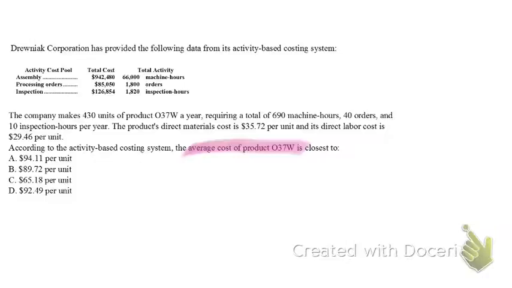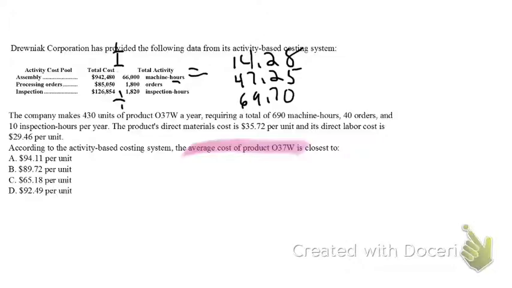So what I need to do first is take the 942,000 and divide it by the 66,000, and when I divide it by 66,000 for the assembly, I get $14.28. And when I do the same thing for processing orders, the $85,000 divided by the 1,800 orders, I get $47.25. And when I take 126 and divide it by 1820, I get $69.70.